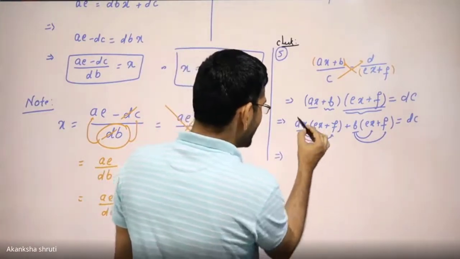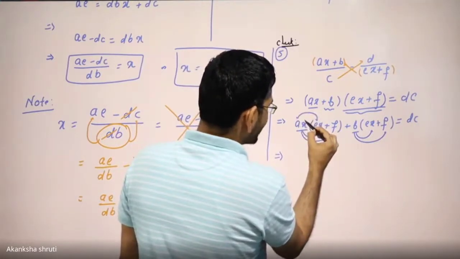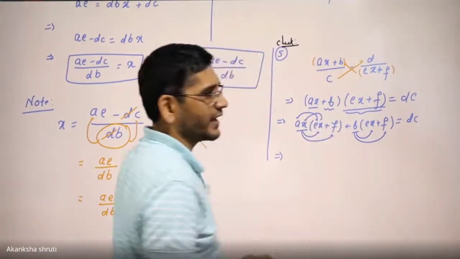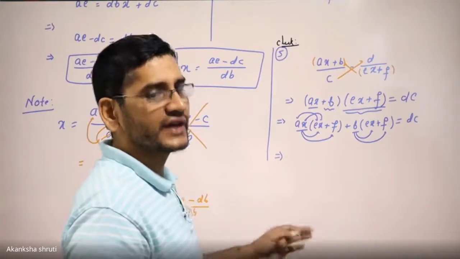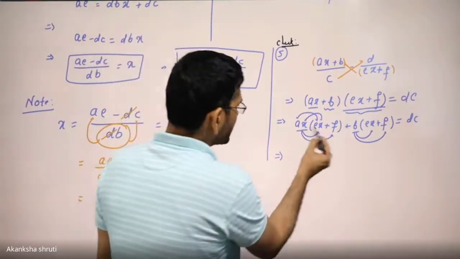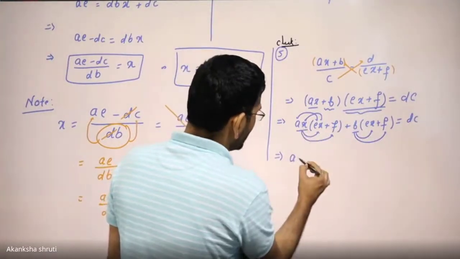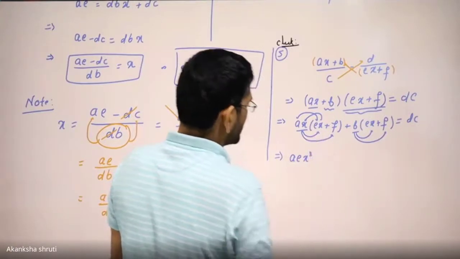Students, it becomes simply ax into ex. I had explained that constants get multiplied and for variables, their powers just get added, because x into x becomes x square, like 3 into 3 is written as 3 square. So the product of the first terms can be written as a into e, and x into x is x square. So the first term is over.